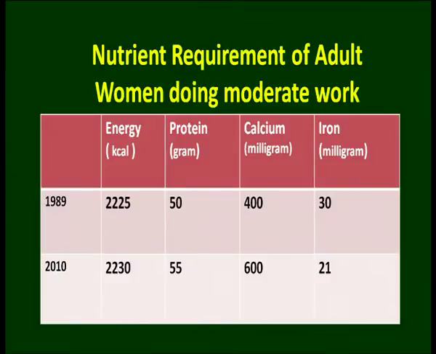When we are doing moderate work, there is no difference in the protein and other micronutrients, but there is an increase in the energy requirement, that is 20 to 30 calories per day. A moderate worker can be the housewife who is doing the manual work, not using the many gadgets commonly used at home nowadays. A housewife who does the sweeping, washing clothes manually, cooking, cleaning and all other household work is categorized as a moderate worker.